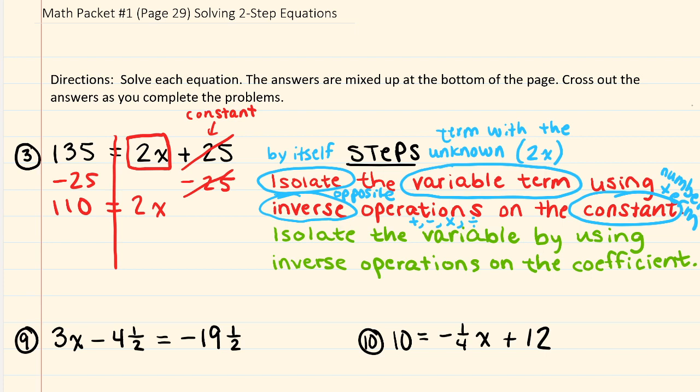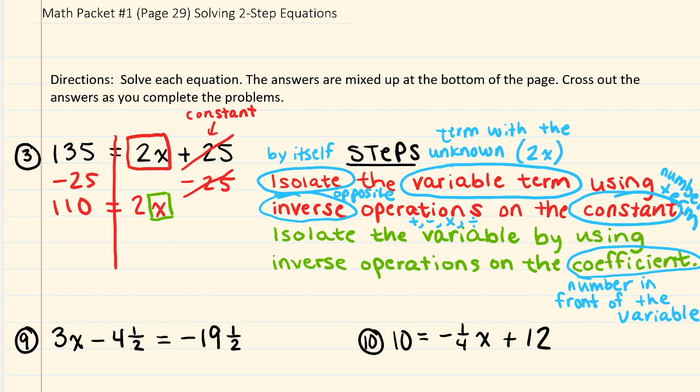So now we're on step 2. Isolate the variable, not the variable term, just the variable. So we're going to be isolating x this time around. So isolate the variable by using inverse operations on the coefficient. The coefficient is the number in front of the variable. So in this case, it's 2.